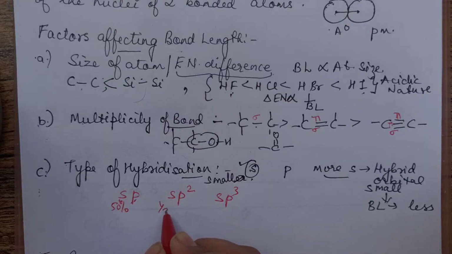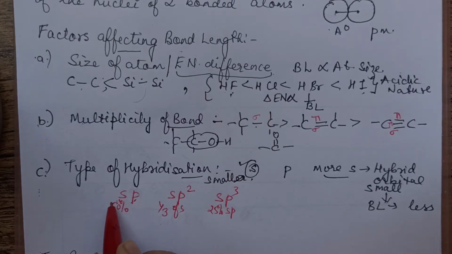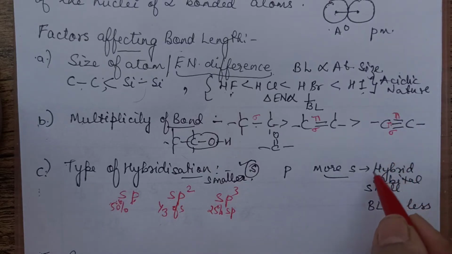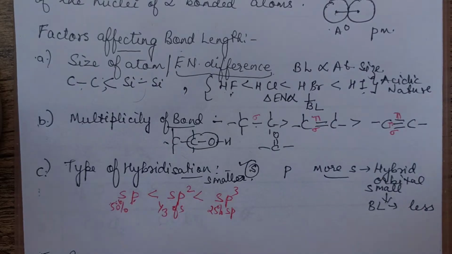That means it is having 1/3 of s character, 2/3 is p. 33 point something will be s character. This is out of 4, 1 is s. That means 25%, 1/4 of s it is having. So where is s character maximum? This one. This is having maximum s character. More the s character, the size will be small, bond length will be less. So this will be the least and then will be this.